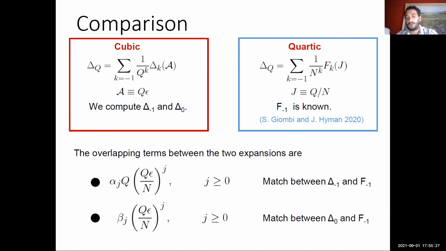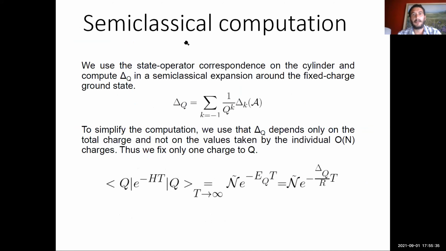I will not go through the details of the computations, which in general follow previous computations made recently. In particular, we use the state-operator correspondence. We map our theory on the cylinder, and we compute delta Q in a semi-classical expansion around the ground state at fixed charge.